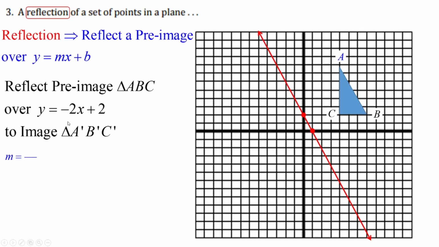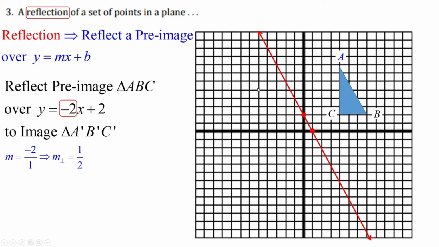All right, so when I do my reflection, don't I need the negative reciprocal of -2 over 1? Okay, so that implies the slope of the perpendicular would be, well, the negative reciprocal of -2 over 1 would be positive 1 over 2.